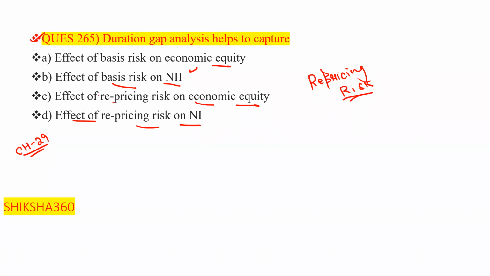So it is the effect of repricing risk on economic equity, where we discussed the maturity bucket. So this one is our answer: the effect of the repricing risk.